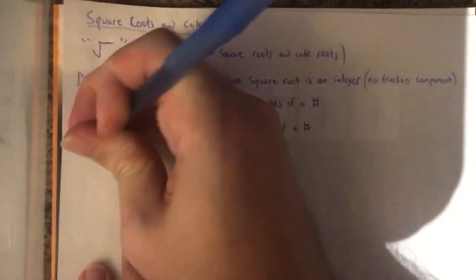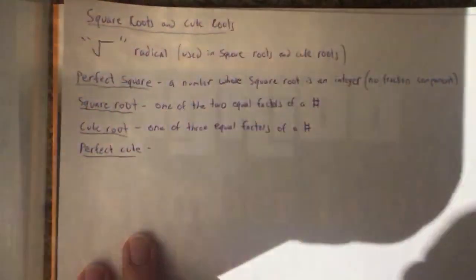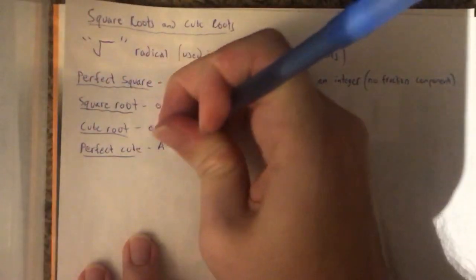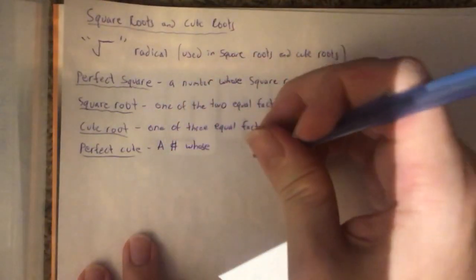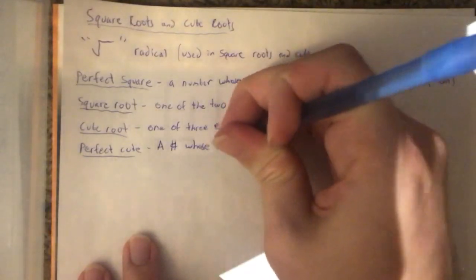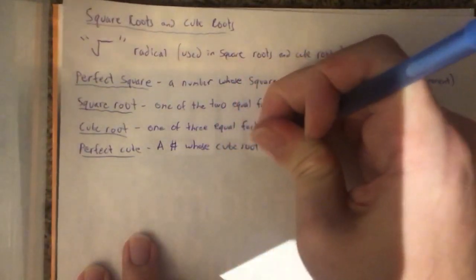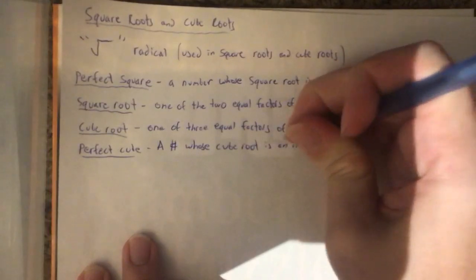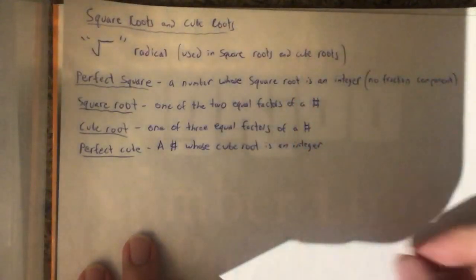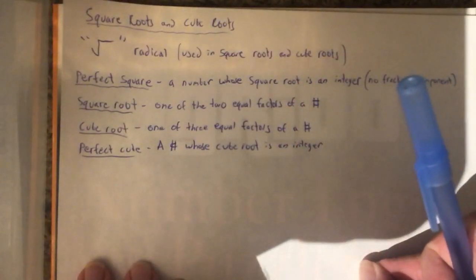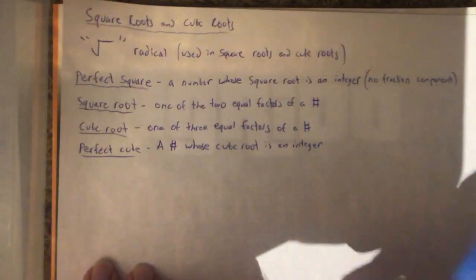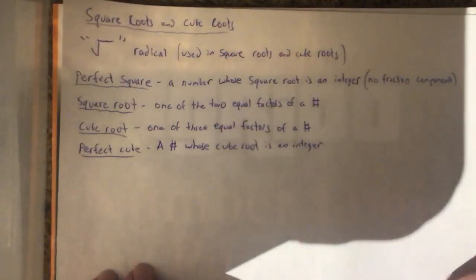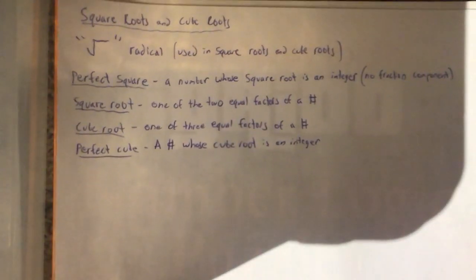And perfect cube. A perfect cube is a number whose cube root is an integer. So basically no fractional value when you calculate it. I don't want anything like 9.2, just 9 or 10. So those are the main definitions for square root and cube root.